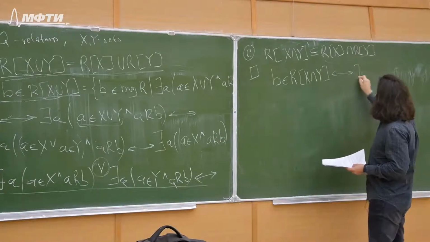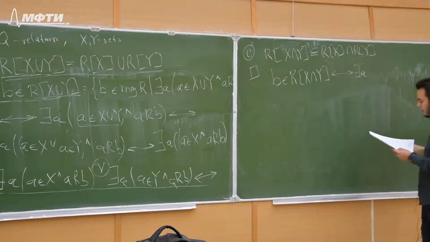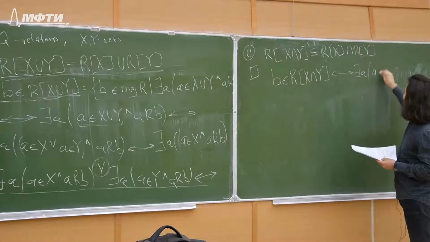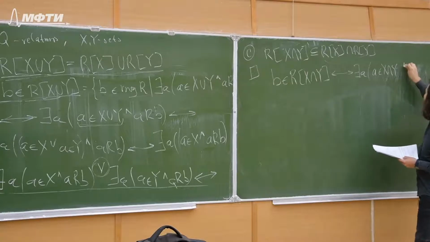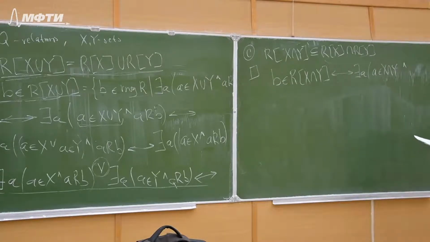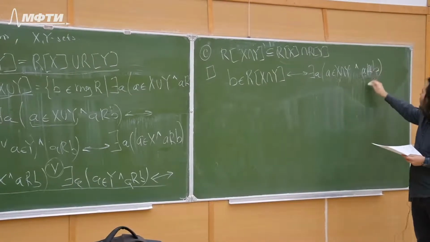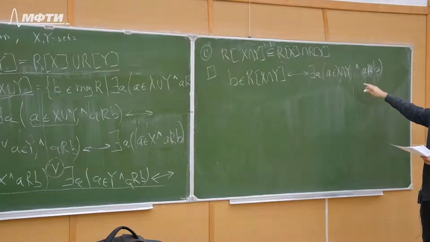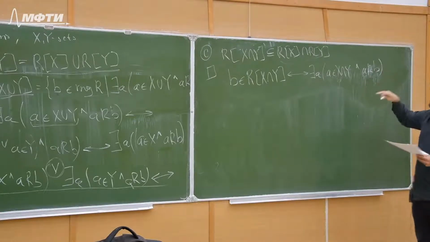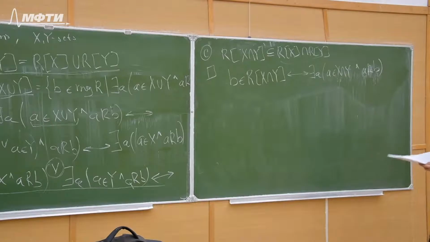So it means that there exists some A such that A is in the intersection of X and Y, and A, B belongs to the binary relation R. Okay, so we have this. Now again, this is true if and only if.